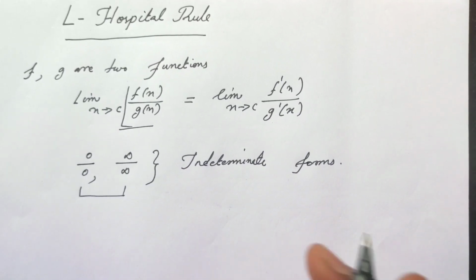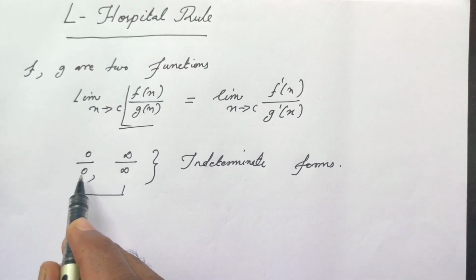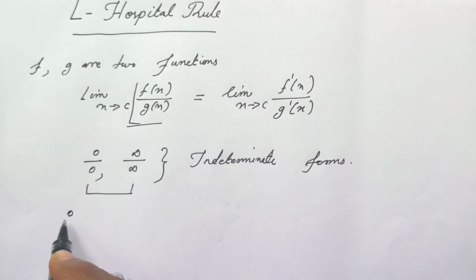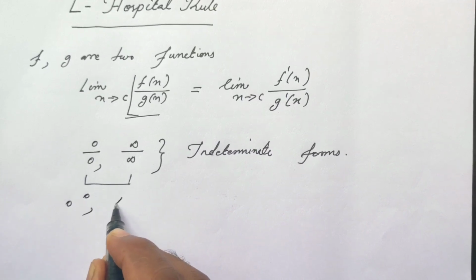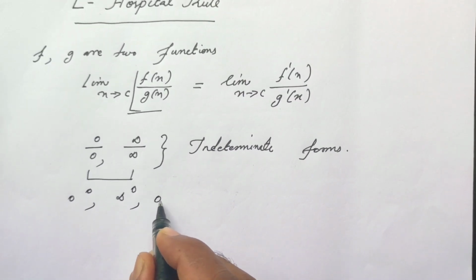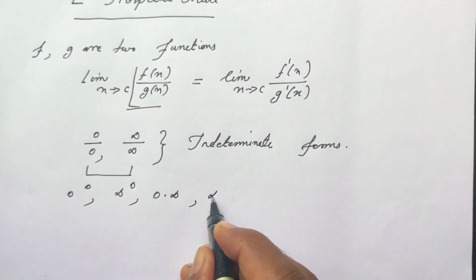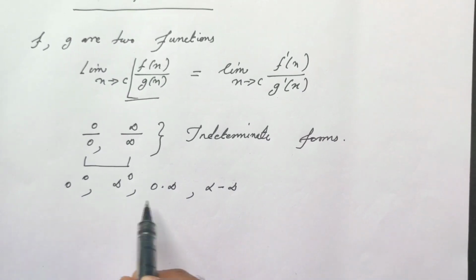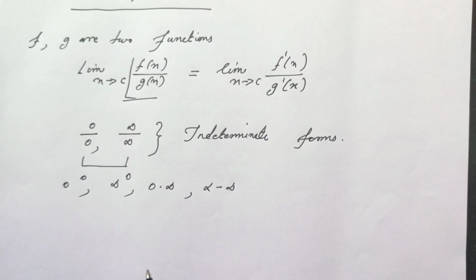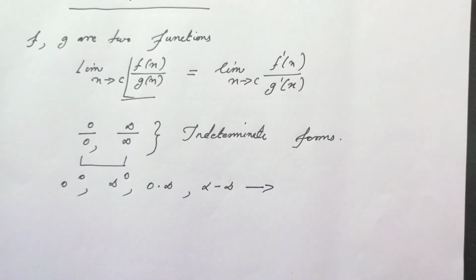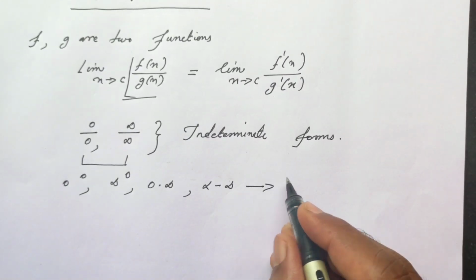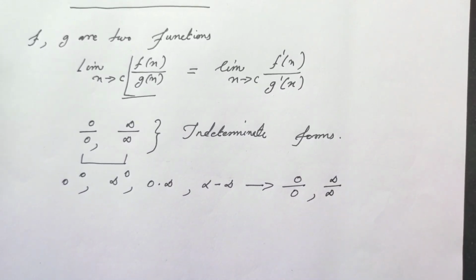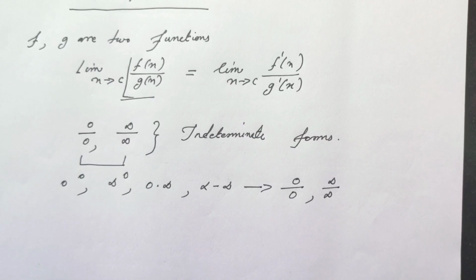The indeterminate forms besides 0 by 0 and infinity by infinity are 0 raised to 0, infinity raised to 0, 0 into infinity, or infinity minus infinity. These can also be evaluated by using L'Hospital rule, but these forms should be converted algebraically into either the form 0 by 0 or infinity by infinity.